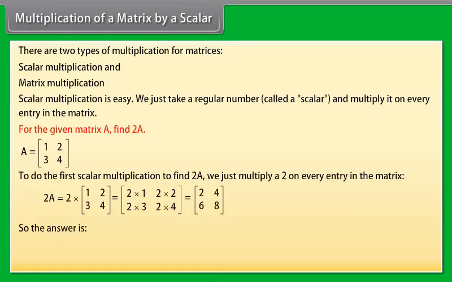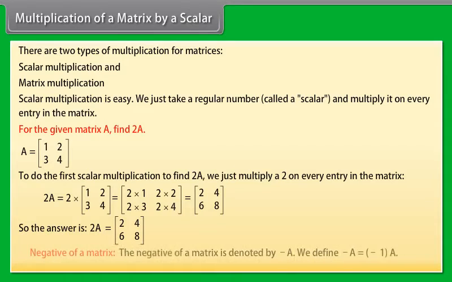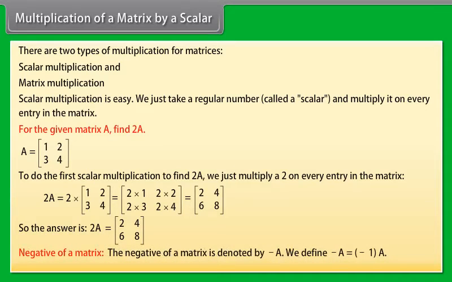So the answer is 2A equals the matrix with first row 2, 4 and second row 6, 8. Negative of a matrix. The negative of a matrix is denoted by minus A. We define minus A is equal to minus 1 into A.